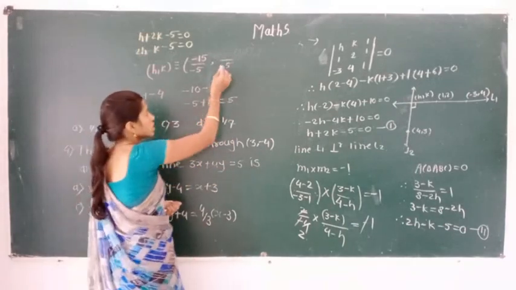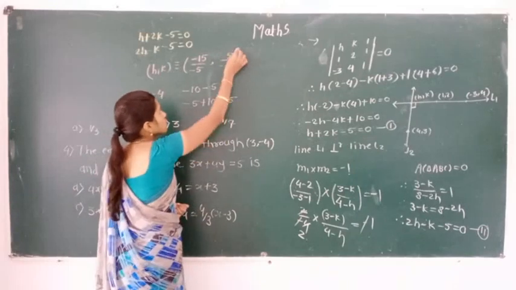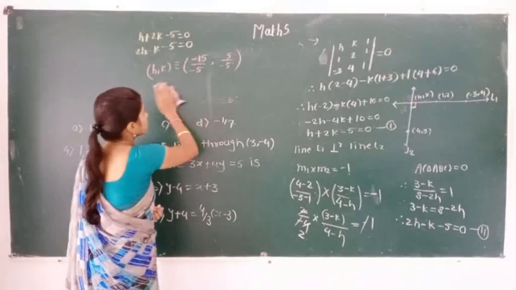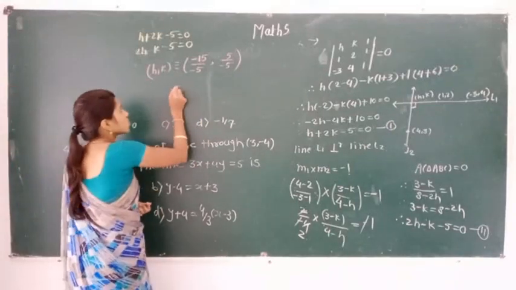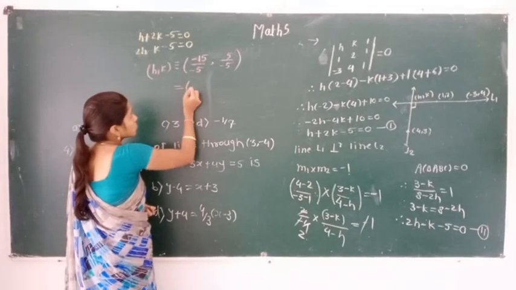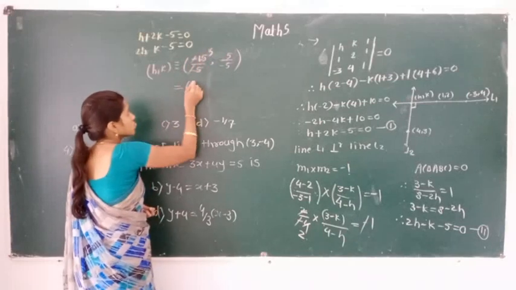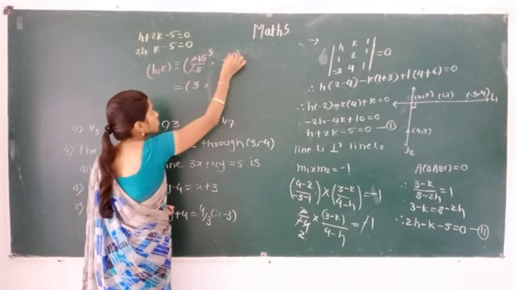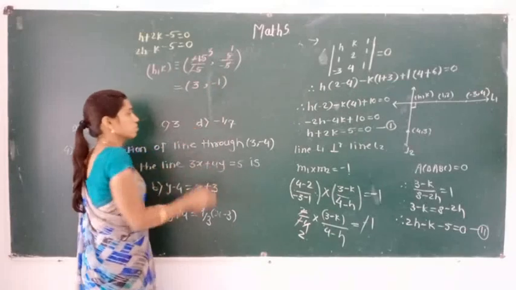That means we write this term as 5. Now simplify this: minus and minus get cancelled, 5 3s are 15, so we get 3, and 5 1s are 5, so we get minus 1.